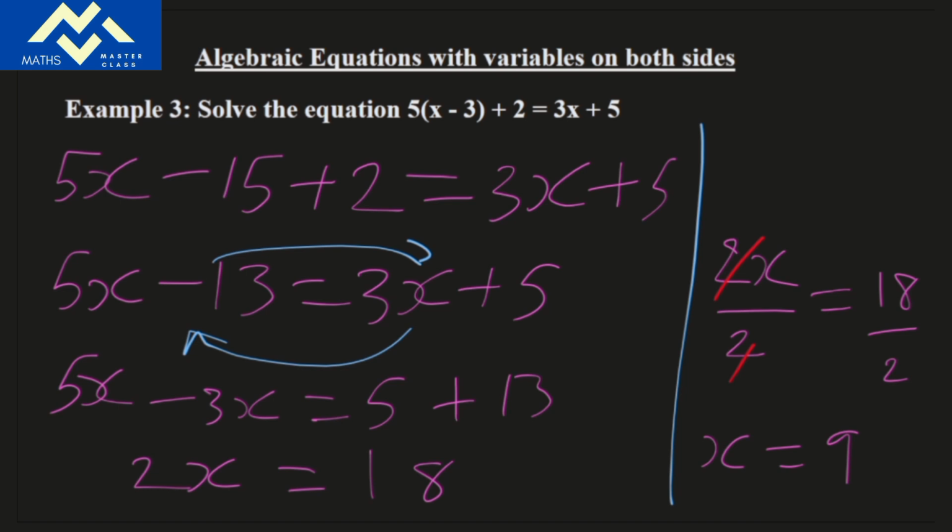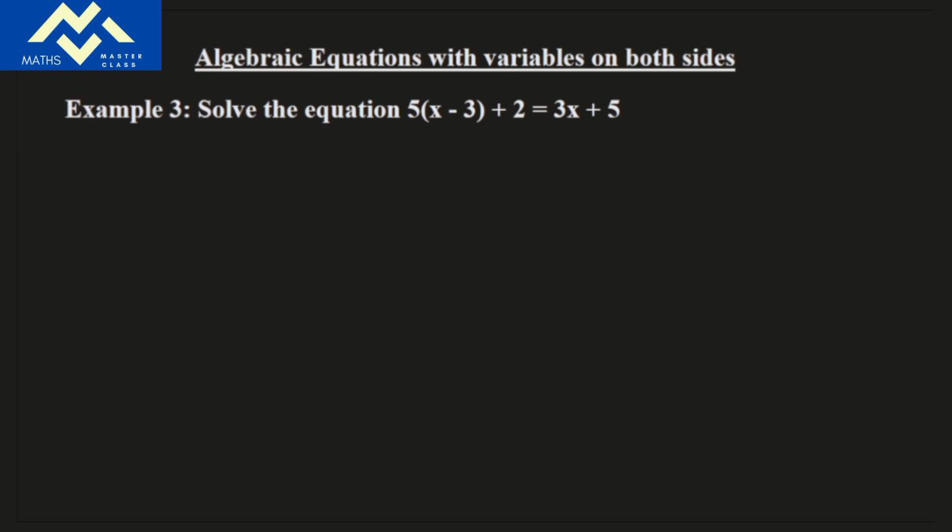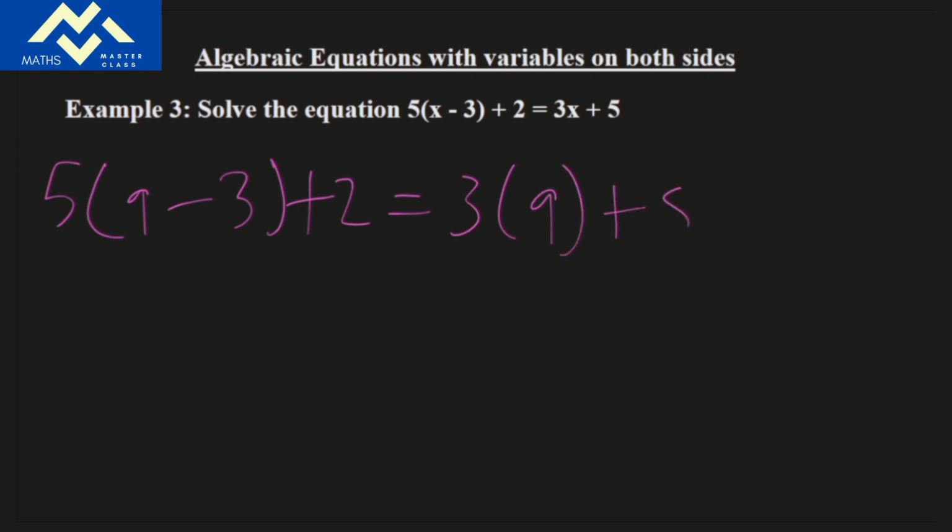x equals 9. Let's check if x equals 9 satisfies the equation. 5(9 − 3) + 2 = 3(9) + 5. Evaluate what is inside the brackets first. So, 9 minus 3 equals 6. We have 5(6), write down the plus 2.